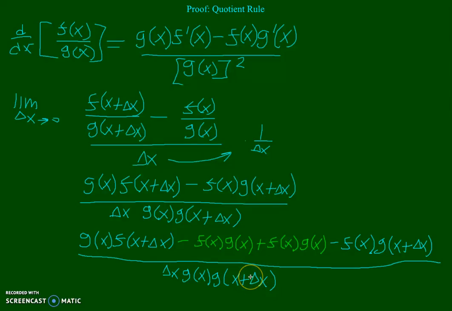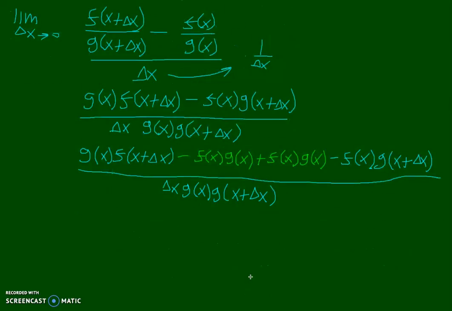Okay, now let's give ourselves a little room down here because we're getting a little tight on space. The key to moving further with this process is we need to be able to group some terms over here and the denominator terms in just such a way that creates some limit definitions of derivatives.